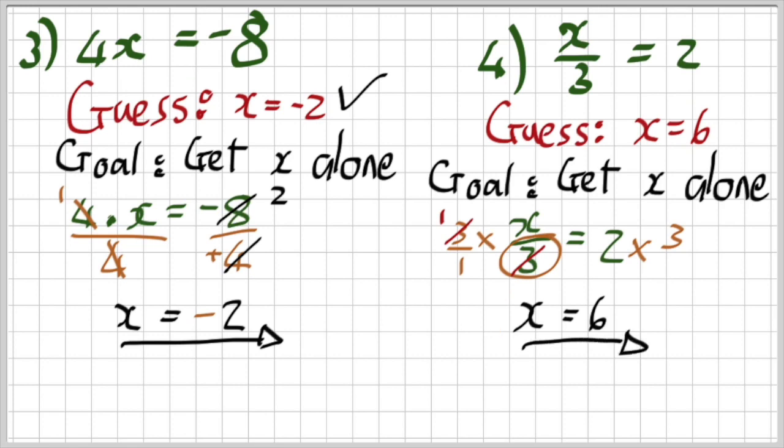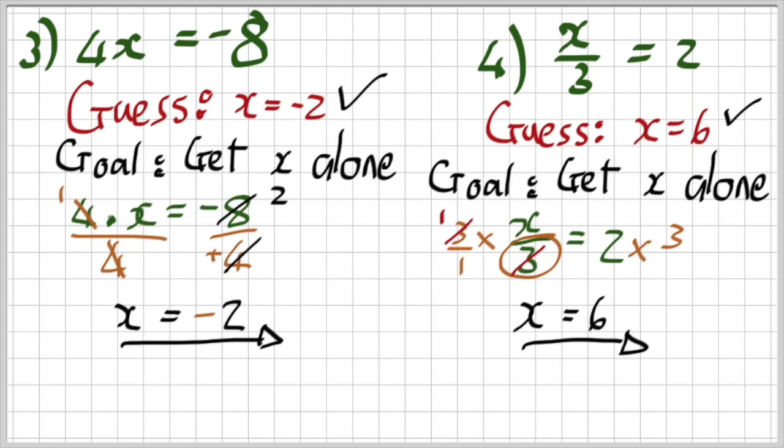How does that correspond to that guess of mine? My guess is 100% right. Remember, ladies and gentlemen, you would have seen that there was 1x, and then all of a sudden it just disappeared. Why did it just disappear? Because 1 times x is simply x.